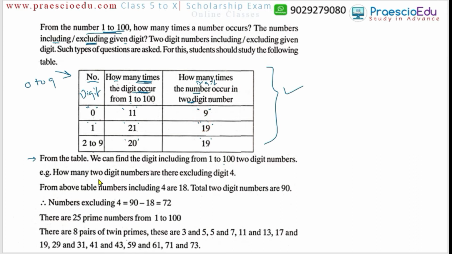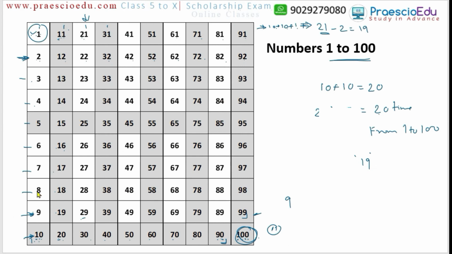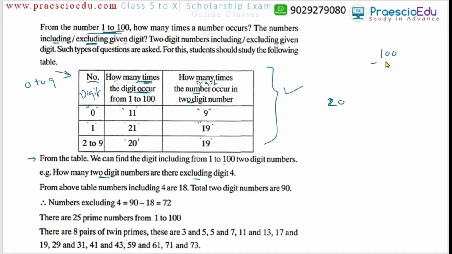Now how many two-digit numbers are there, excluding the 1-digit numbers? Total two-digit numbers means 100 minus this 1 to 9, 9 counting, and then 100, 1 counting, so there are 9 plus 1, 10 counting, so we deduct the 10, so 90 comes.